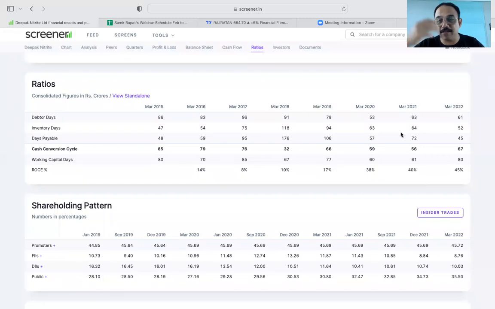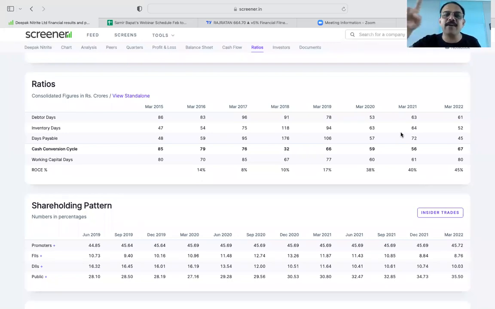This is data which every company has to publish: in how many days it clears the inventory. That means they take the material in, make the final product, and dispatch it out of the factory in 52 days. So how many times are they rotating their inventory?